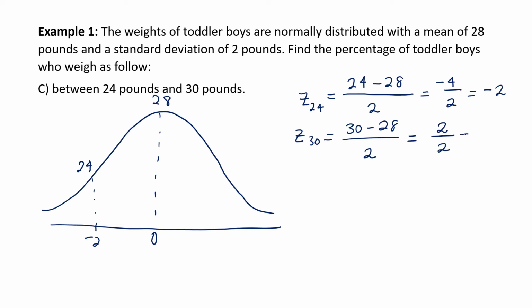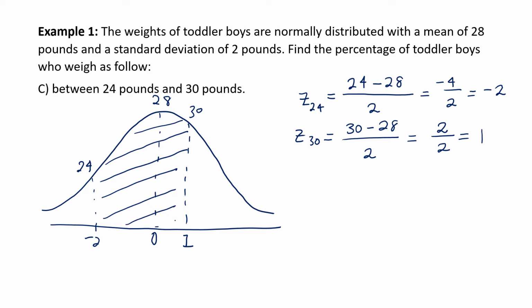Divided by 2 in the denominator, we get a standard score of 1. Let's sketch that onto our graph. I'll draw 1 along the horizontal and 30 along the bell curve, and I'll shade the area we need to compute. That area is between the standard score of -2 and standard score of 1.